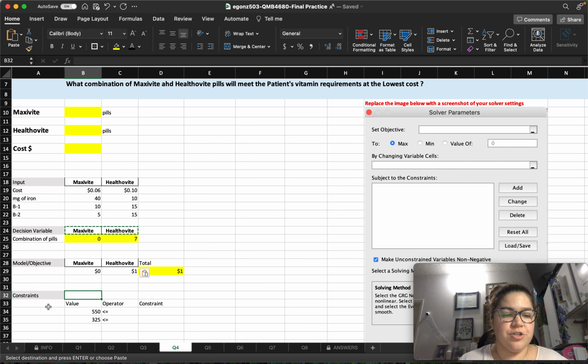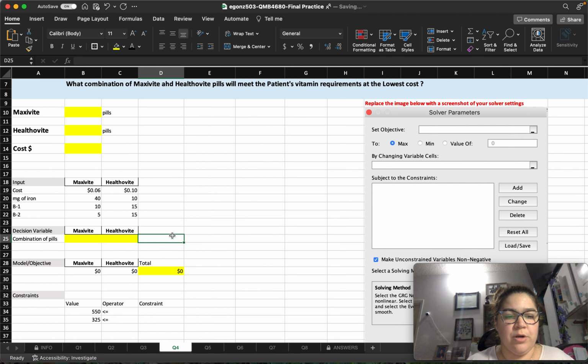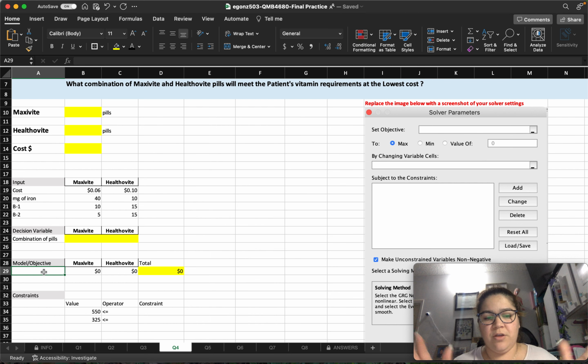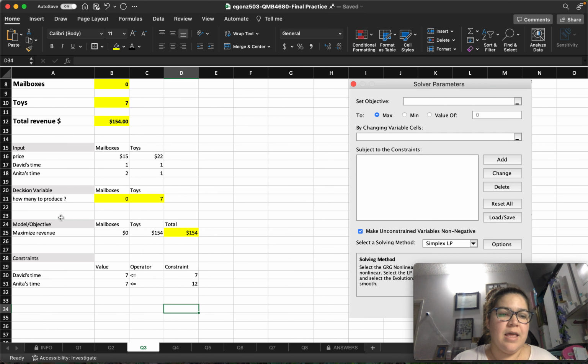And then for the constraints, well, this one is different. In here, I already have the formula. Sorry, we're going to delete this because this is what we're looking for down here in the model objective. So in the model objective, what are we looking for? We're not looking for profit, right? In the previous question, we were maximizing revenue.